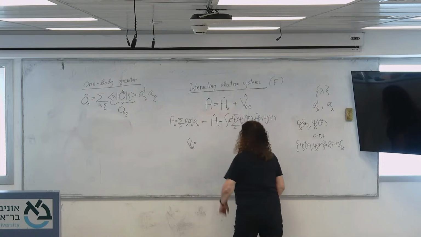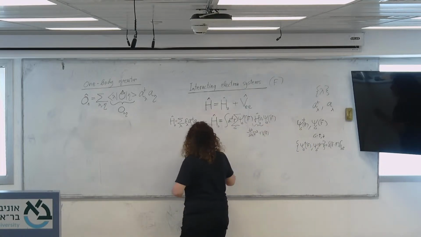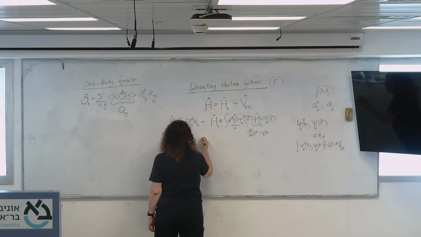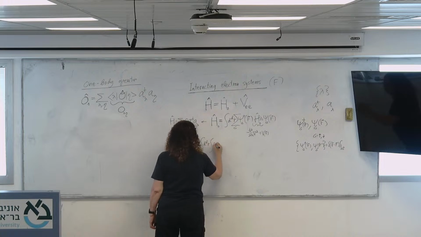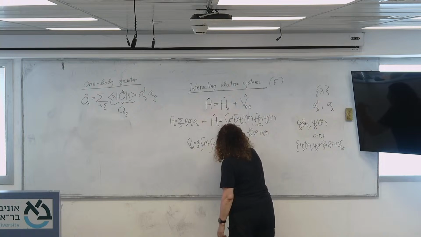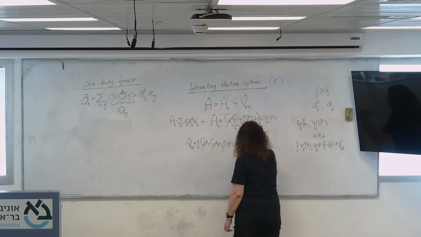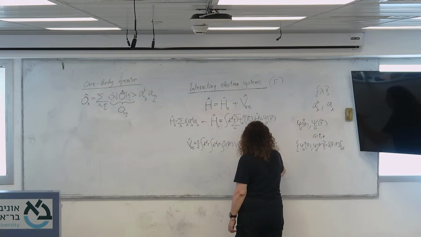And now, if I want to write a general interaction using these notations, I have to write it as a factor of 1/2 integral over r and r prime of, and now let me do it just a little slowly, v of r prime, rho of r prime.